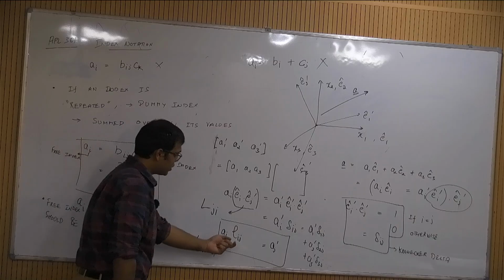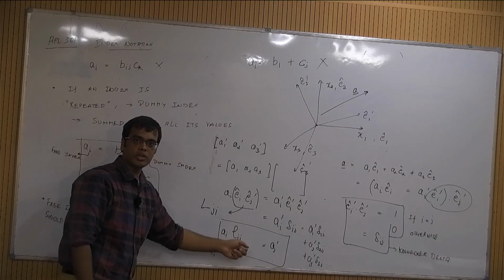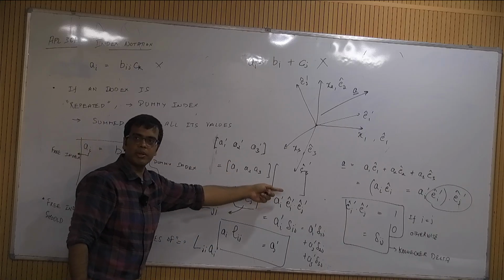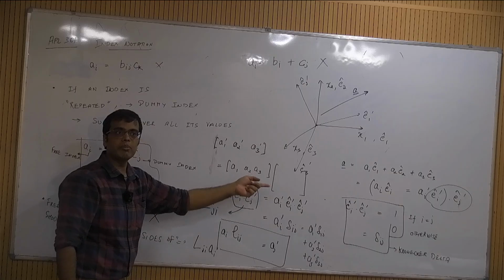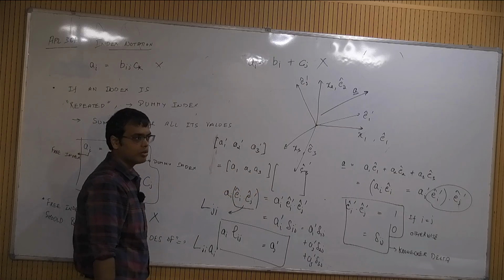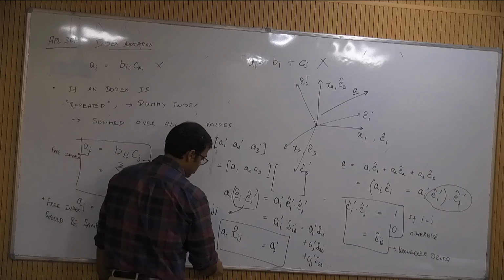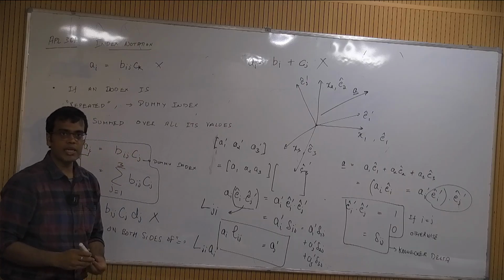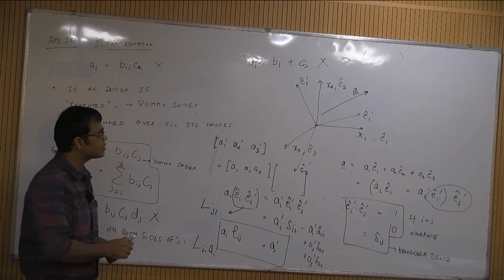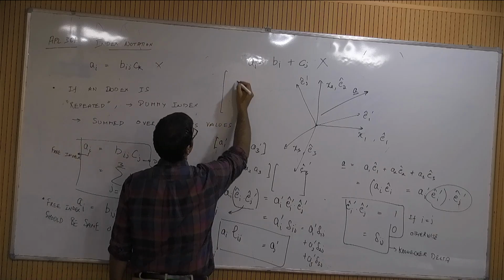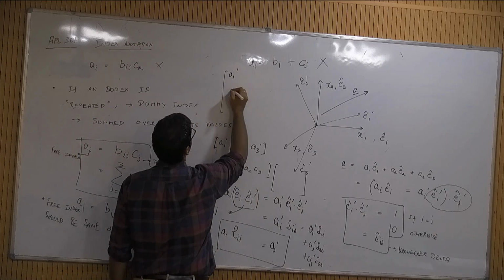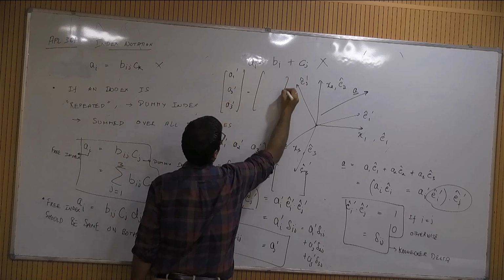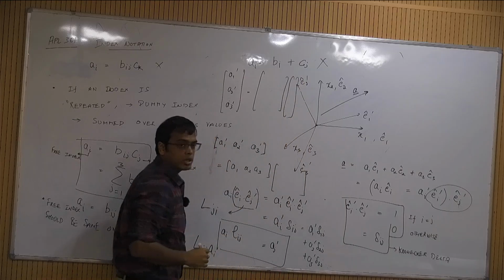When you are writing index notation, pre multiplication or post multiplication do not make much difference, but when you visualize this multiplication as matrix products, then pre multiplication and post multiplication make a lot of difference. Why? Because now you cannot imagine A j's to be arranged as row vectors; they will be arranged as columns, A j primes. So, this will be A1 prime, A2 prime, A3 prime, equal to the matrix times another column of A i's.